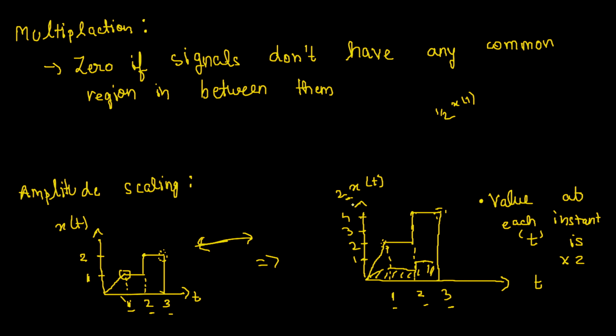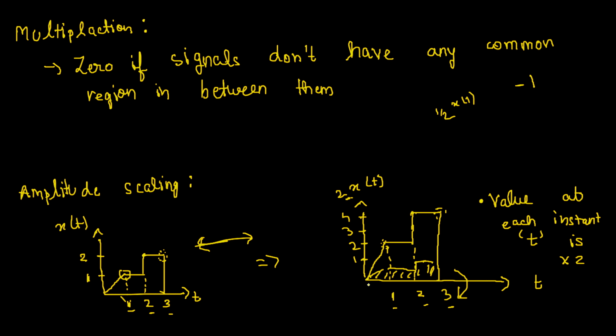And if you're amplitude scaling it by a negative number, let's say by -1, what you do is you just flip the graph around your x-axis, and that's how the graph for minus x of t will look.